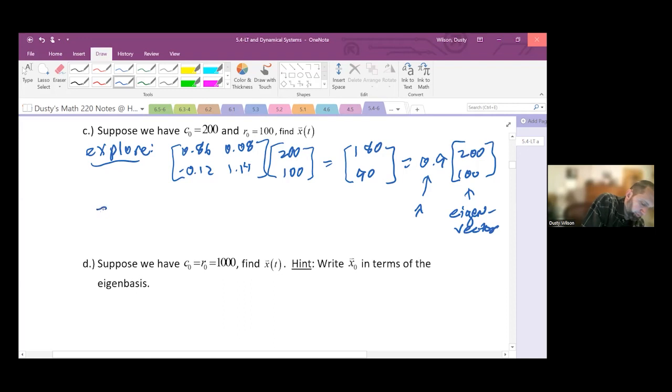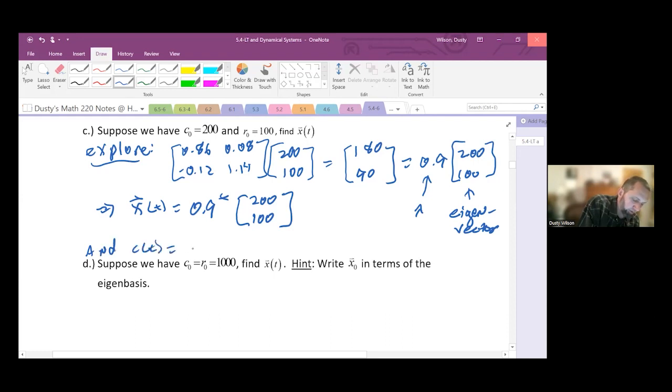So this tells us that our x of t with this particular initial state would be 0.9 to the t times 200, 100. Or if you wanted the closed form versions of c of t and r of t, you'd get that c of t equals 0.9 to the t times 200, and r of t equals 0.9 to the t times 100.